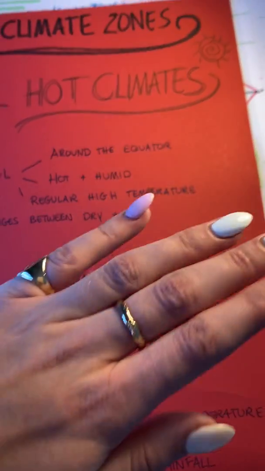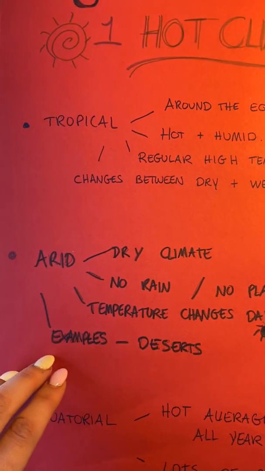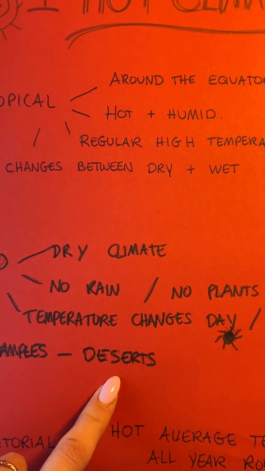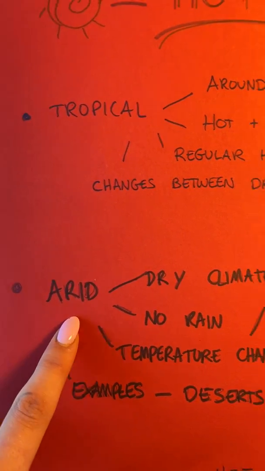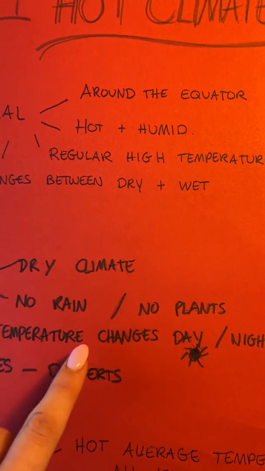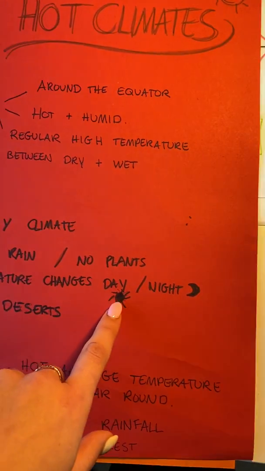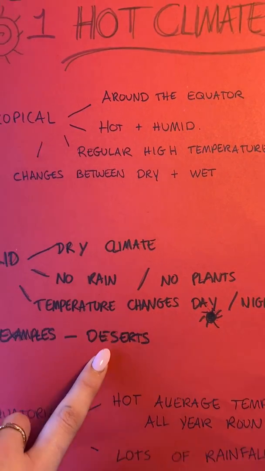So at night it's colder, but during the day it's hotter. And examples are usually deserts. Great, so example number two, arid, which has dry climates, no rain and few plants, and temperature changes through day and night. And they're usually deserts.